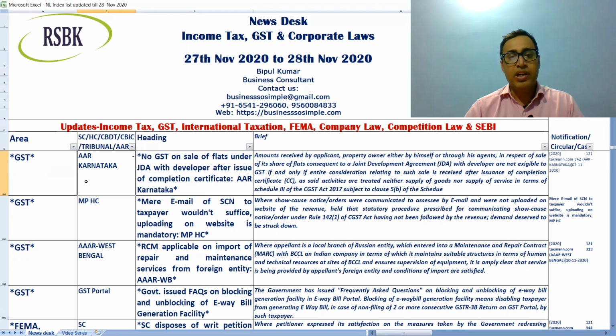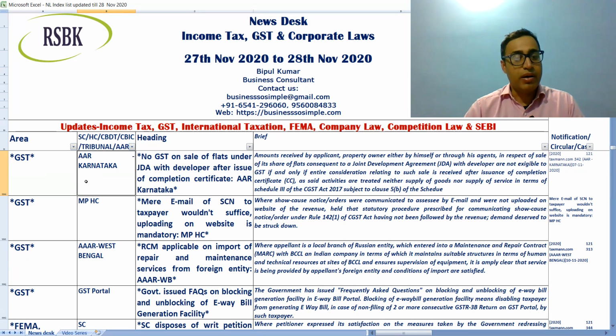AAR Karnataka: amount received by the applicant property owner, either by himself or through his agents, in respect of the sale of his share of the flats consequent to a joint development agreement with the developer is not exigible to GST if and only if the entire consideration relating to such sale is received after issuance of the completion certificate, as said activities are treated as neither supply of goods nor supply of services in terms of Schedule III of the CGST Act 2017, subject to clause 5B of the said schedule.